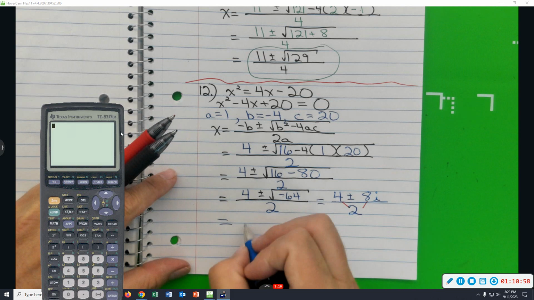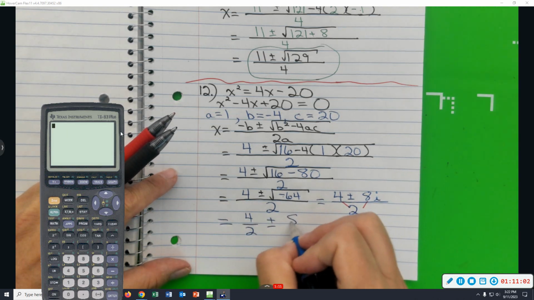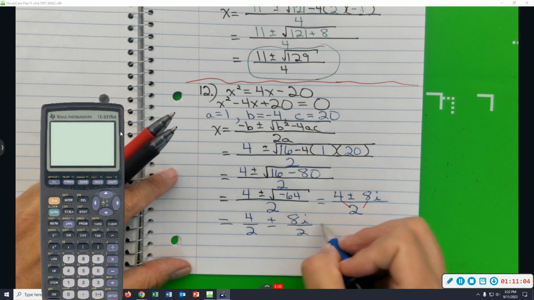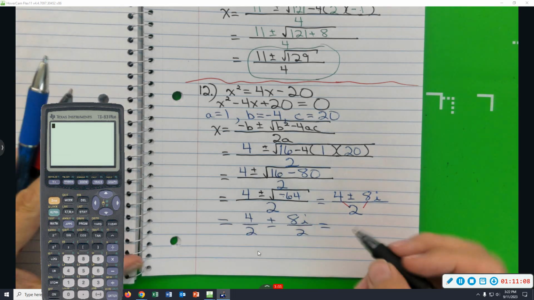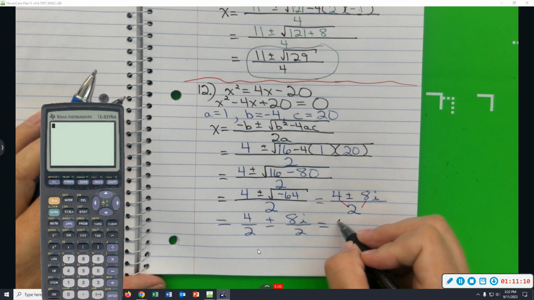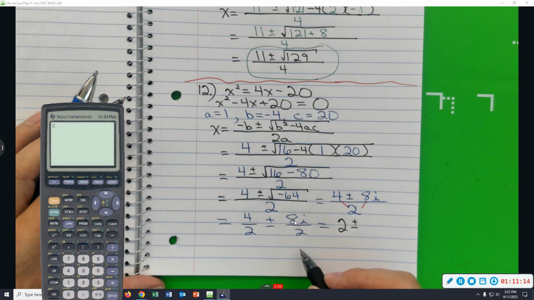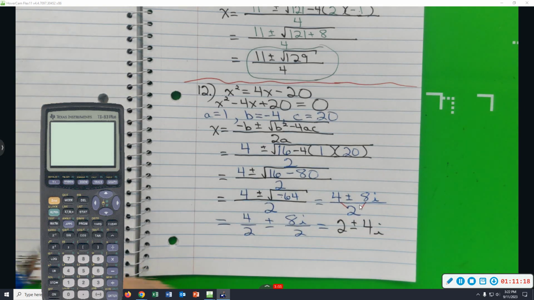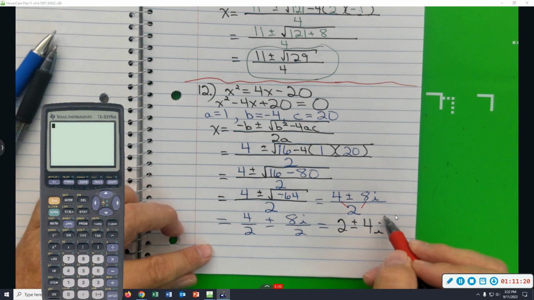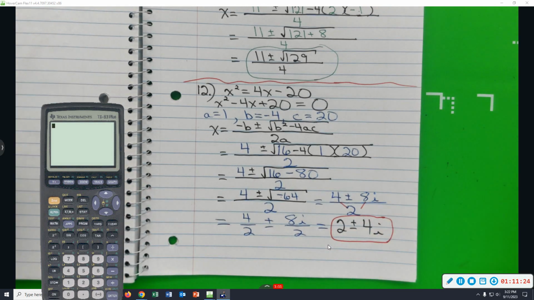Put the 4 over 2 plus or minus the 8i over 2, and this reduces very nicely to 2 plus or minus 8 divided by 2 is 4, and the i. For the final answer, 2 plus or minus 4i.